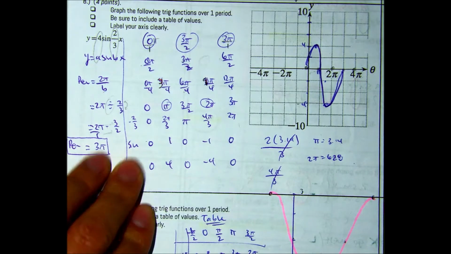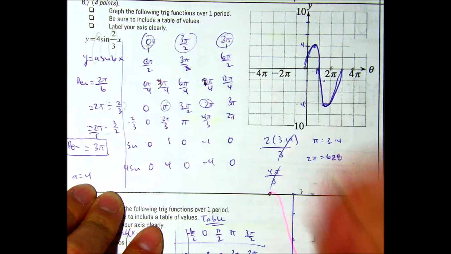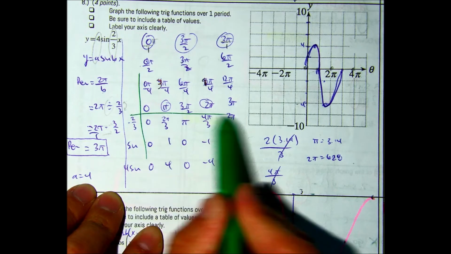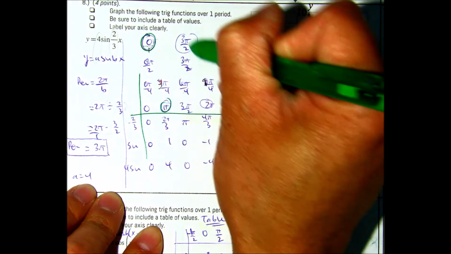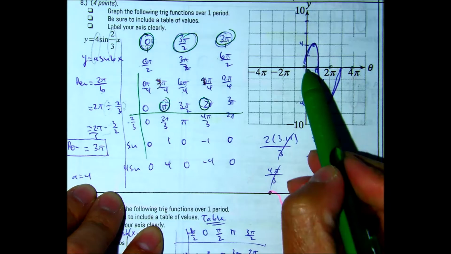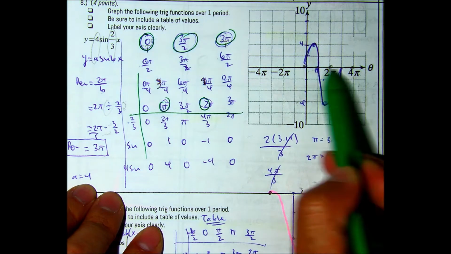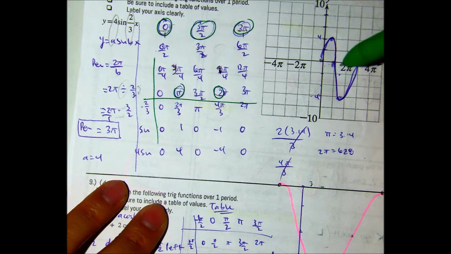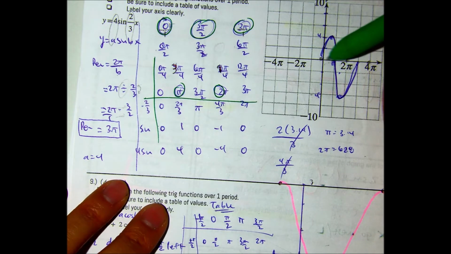Now, mine was kind of messy, so what I like to do is you can just take your x values like I did, and I like to circle them. Then I know those are actually my values on my graph. Now, what made this problem difficult was that you couldn't really see the 5 points very clearly.